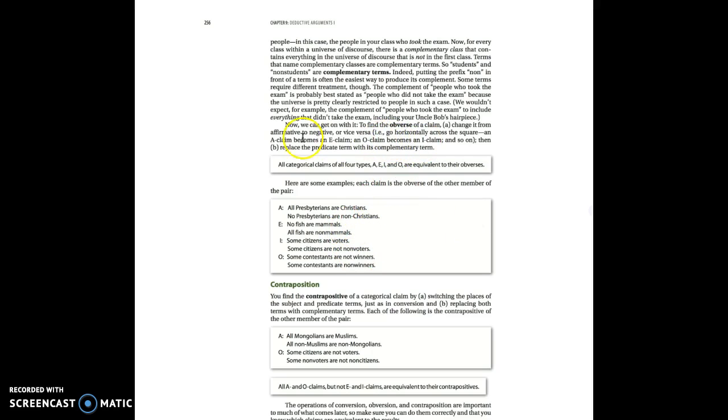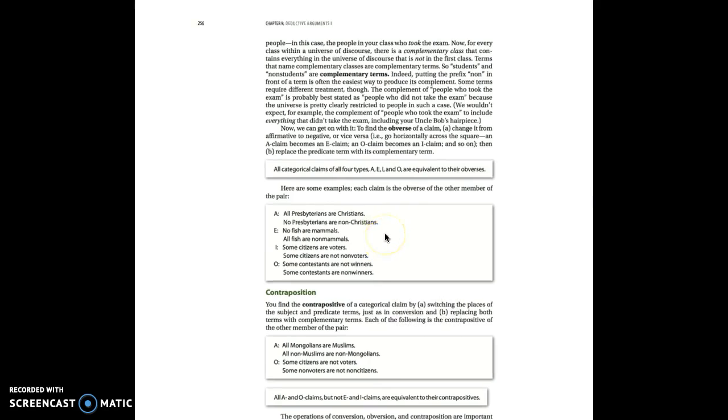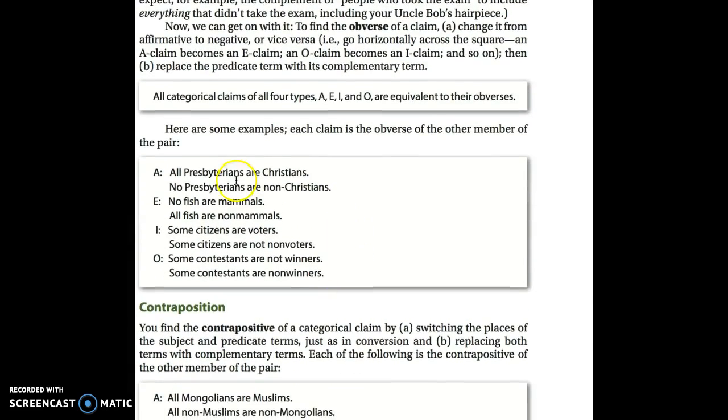The second step is you want to replace the predicate term with a complementary term, which means you want to put non. That's what we call the complementary of a term. So let's take a look at this. Here's the A claim. All Presbyterians are Christians.